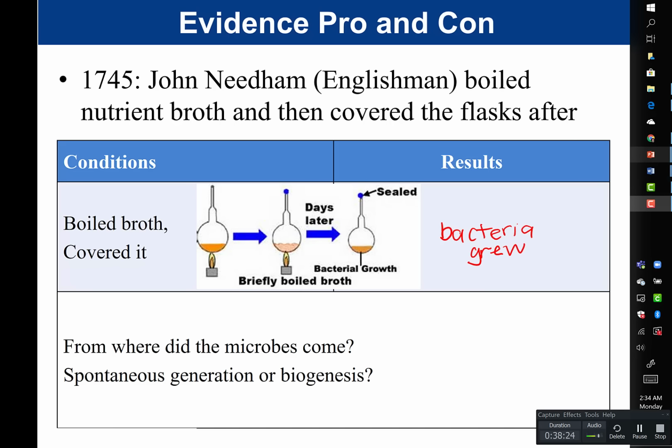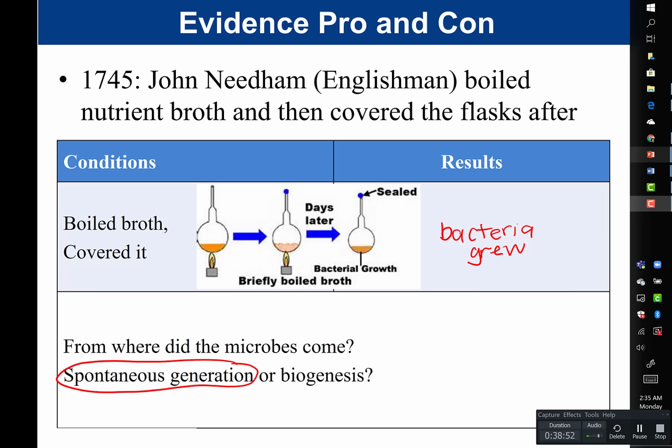So the bacteria grew in that flask. Which theory do you think he suggested this shows? Did that show spontaneous generation or biogenesis? His conclusion based on this experiment was that it was spontaneous generation, that life could come from nothing, right?